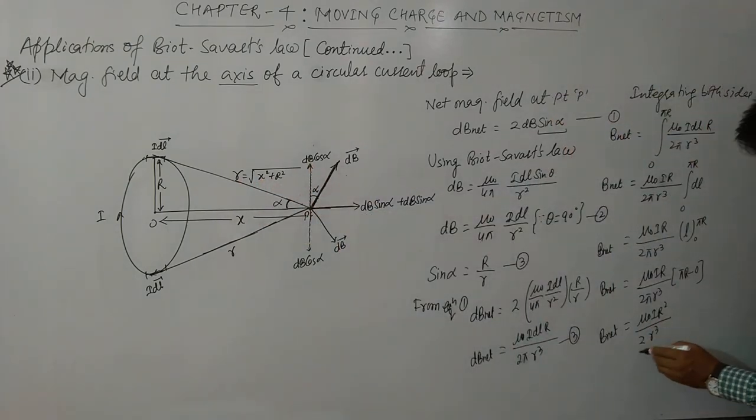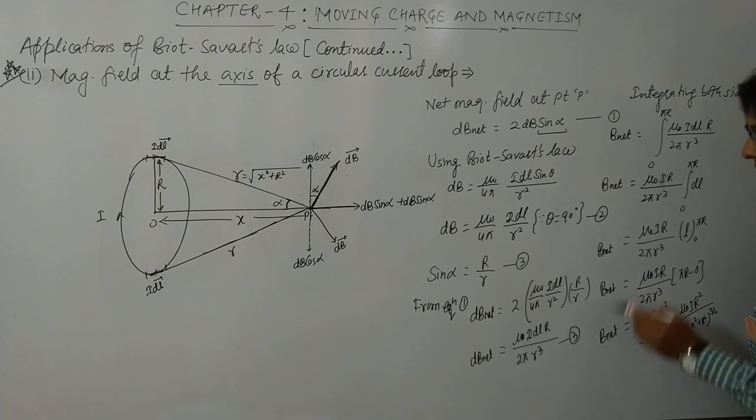So when we put this value, it will become mu 0 I r square upon 2, and the value of r is x square plus r square raised to the power half, and since it is r cube, it will become power 3 by 2.